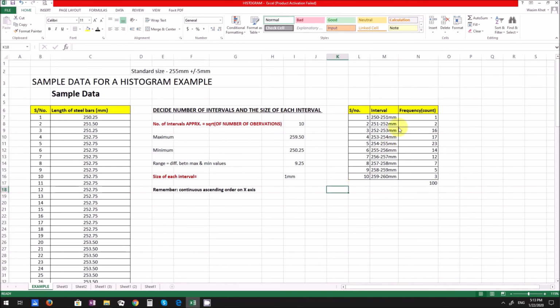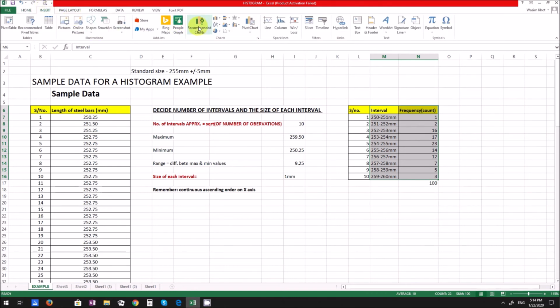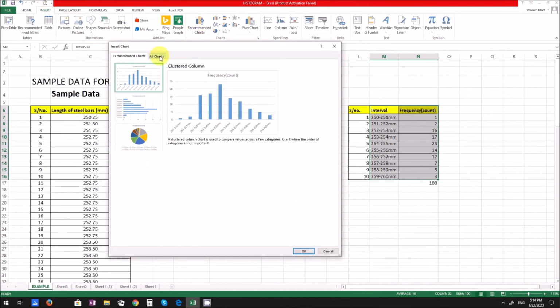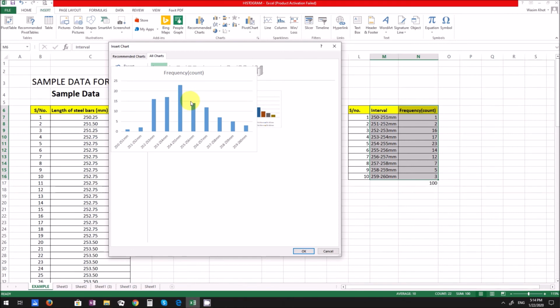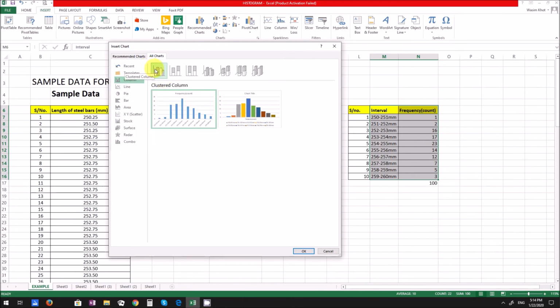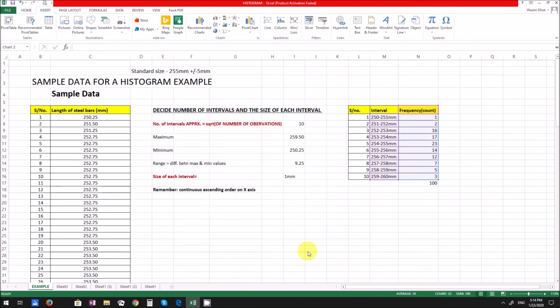Now we have the data to make the histogram chart. So let's select these two data, the interval and the frequency, and let's insert the chart. Go to insert, recommended charts, and we want a histogram. So go to all charts, go to columns, and we want the clustered column, then insert.